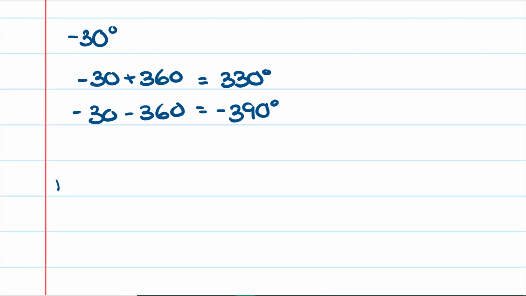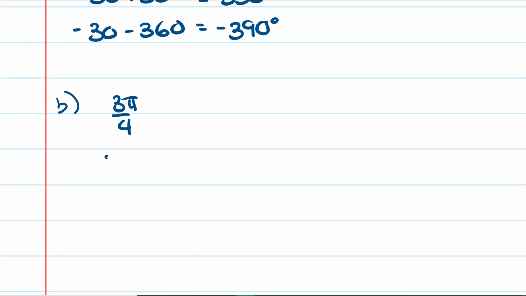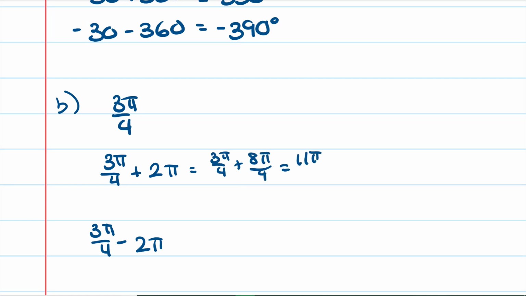And then for part B, we get 3 pi over 4. You do the same thing, but now instead of using 360, we're going to add 2 pi and subtract 2 pi. And that's it. You're all done.